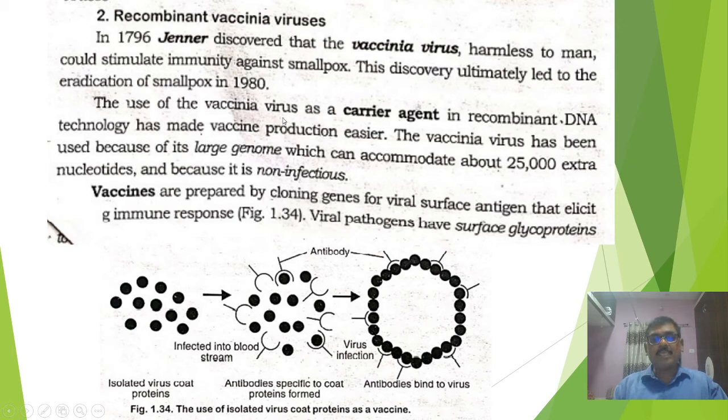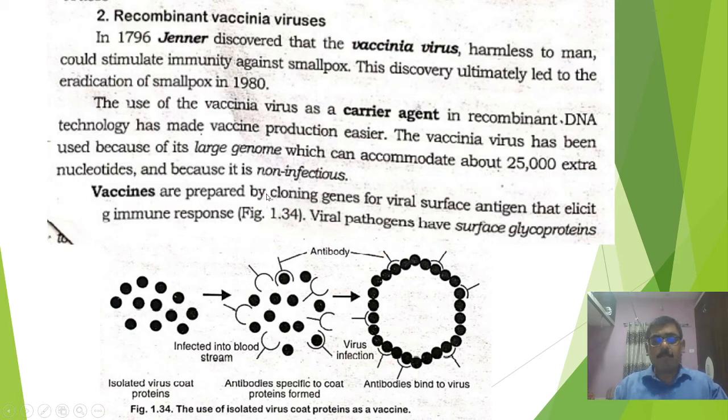The use of Vaccinia virus as a carrier agent in recombinant DNA technology has made vaccine production easier. The Vaccinia virus has been used because of its large genome, which can accommodate about 25,000 extra nucleotides, and it is non-infectious and non-harmful.